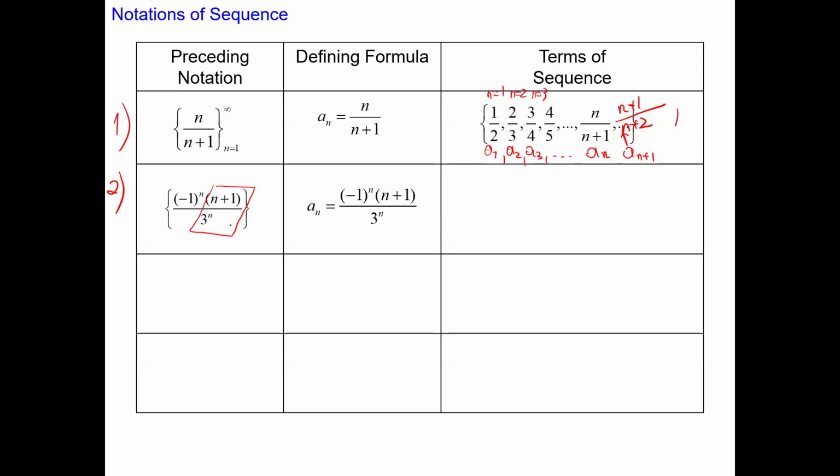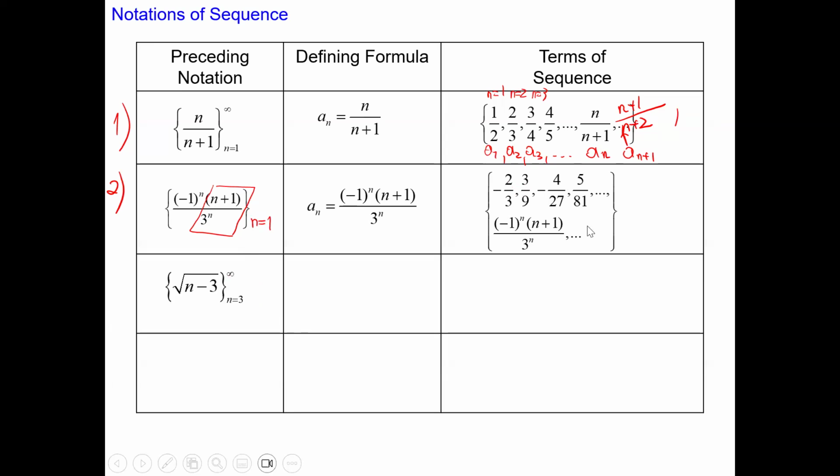This is just a defining formula, like a function, and again, we're assuming we start with 1. That means a sub 1, a sub 2, and we may see negative, positive, negative, positive.